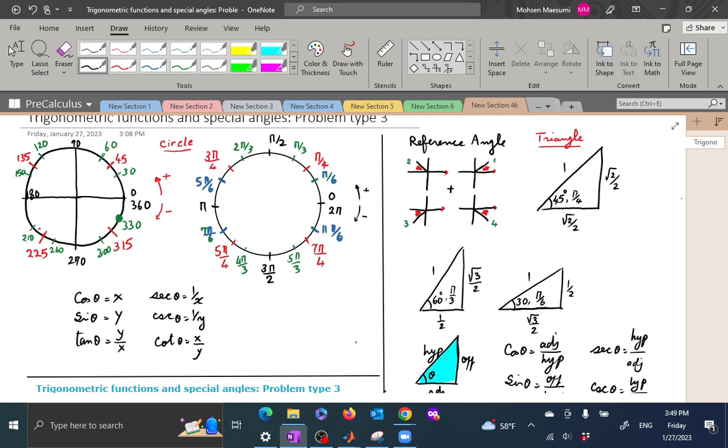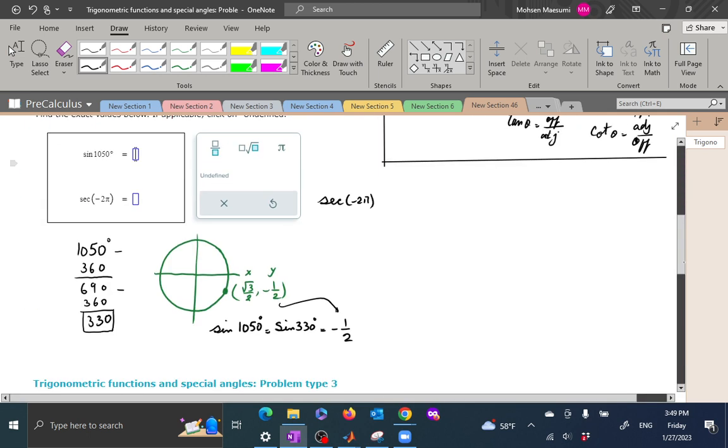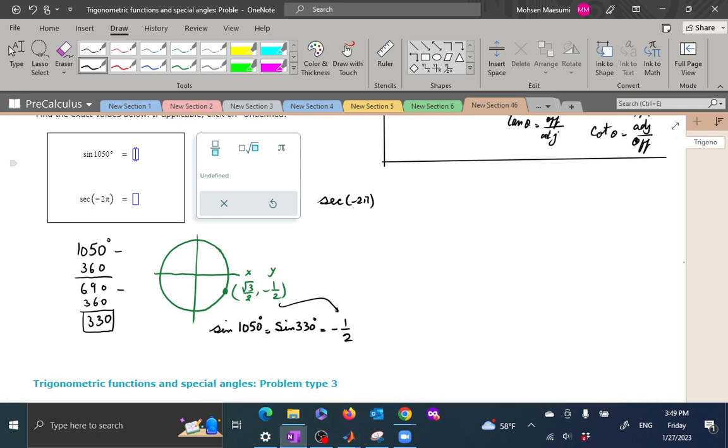So minus 2 pi simply means I have gone clockwise and came back to the beginning, back to 0. If you have a negative angle, you can always add 2 pi's, or you can add 360's, until you come to between 0 and 360, or between 0 and 2 pi.